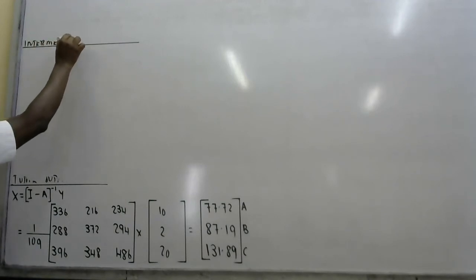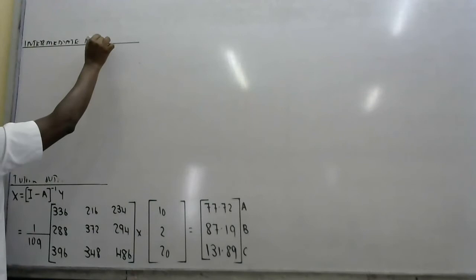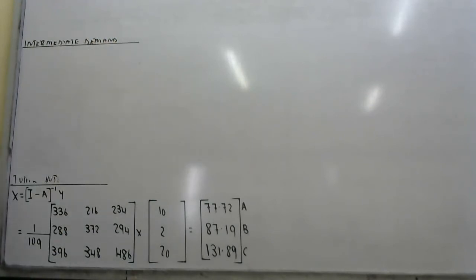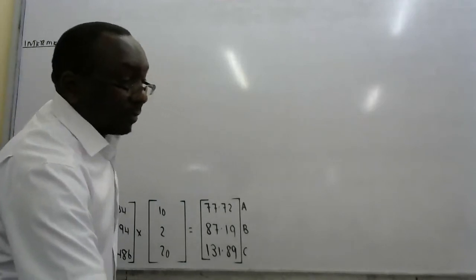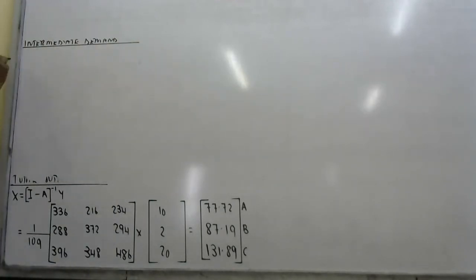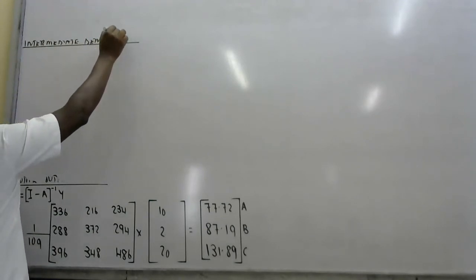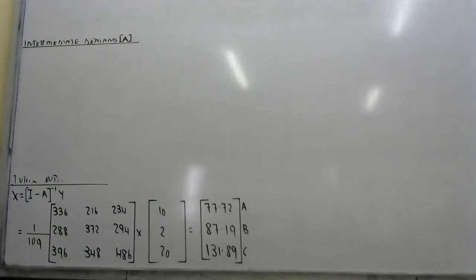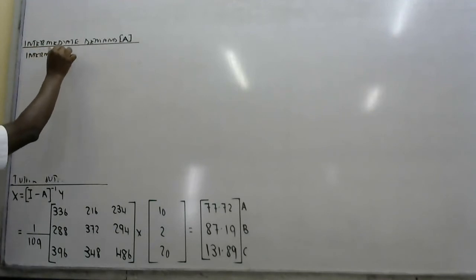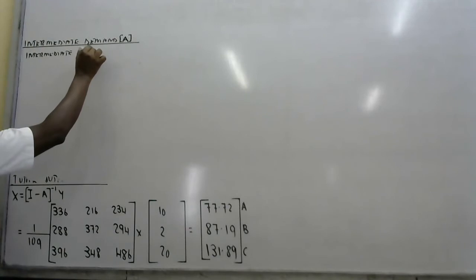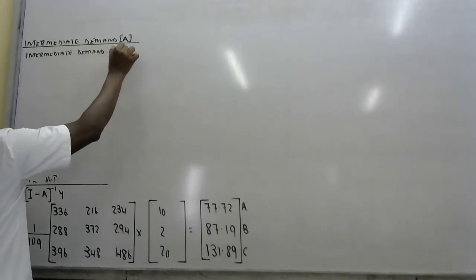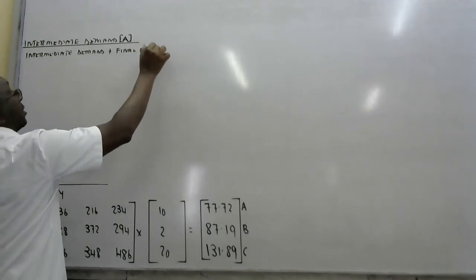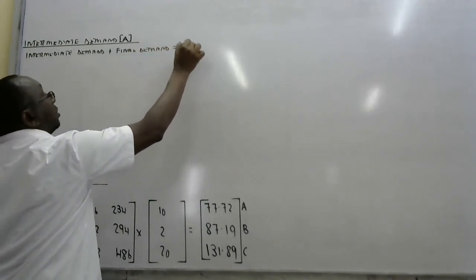Now this one, we are going to use the formula that, remember, intermediate demand plus final or the external demand is the total output.